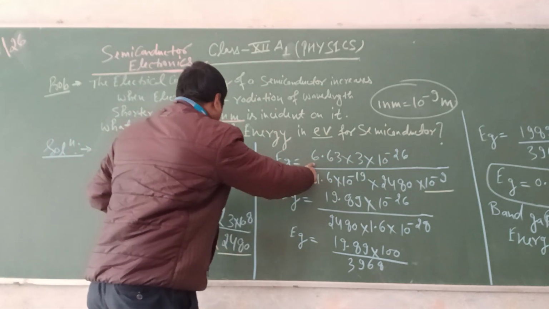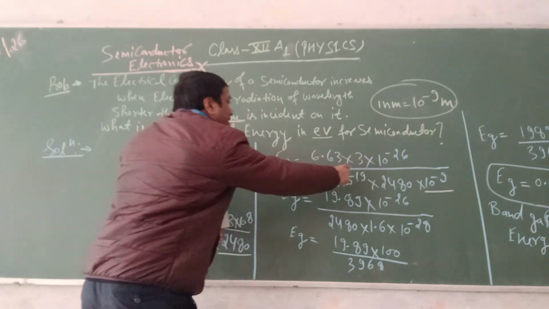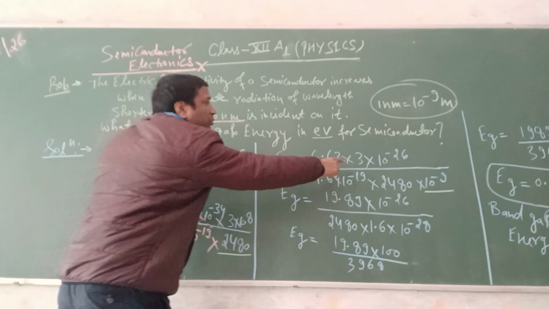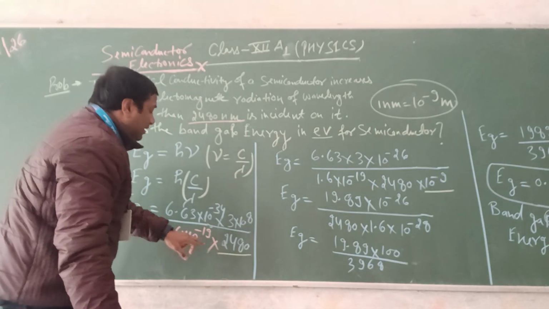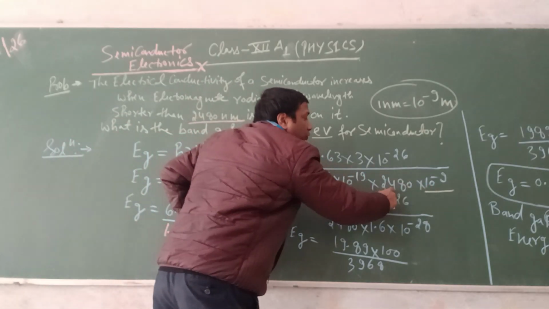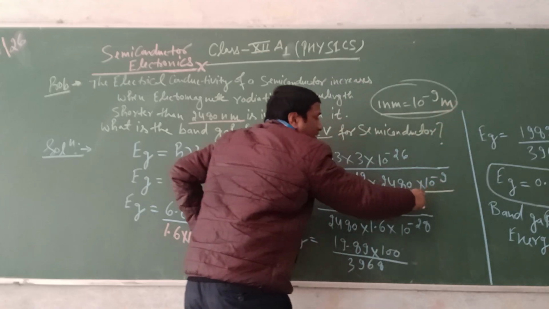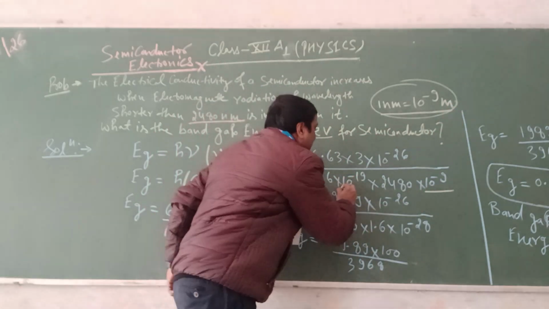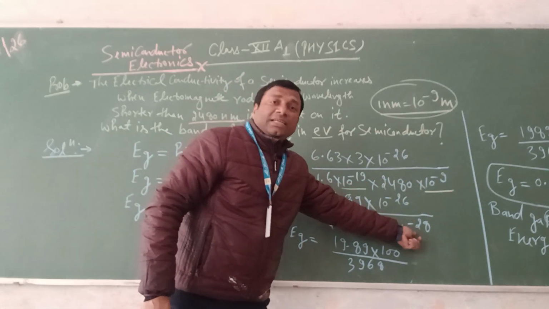So we have 6.63 into 3 into 10 to the power minus 26, divided by 1.6 into 10 to the power minus 19 into 2480 into 10 to the power minus 9 meter. Here 10 to the power minus 19 into 10 to the power minus 9 will be 10 to the power minus 28.